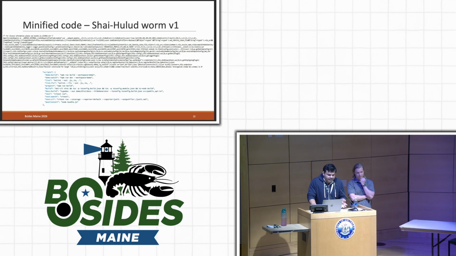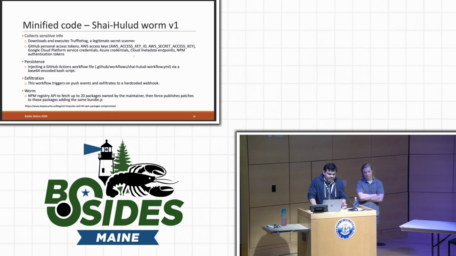So this becomes a bit more difficult to analyze directly or manually, but what it does is basically the same. It leverages a legitimate secret scanner called Trufflehog. So it does not run manual commands. It downloads and runs Trufflehog. Trufflehog collects all of the secrets, and then it exports.